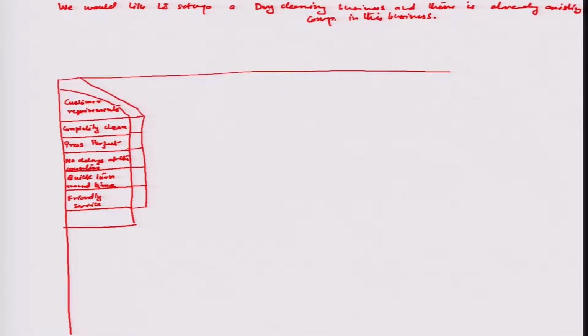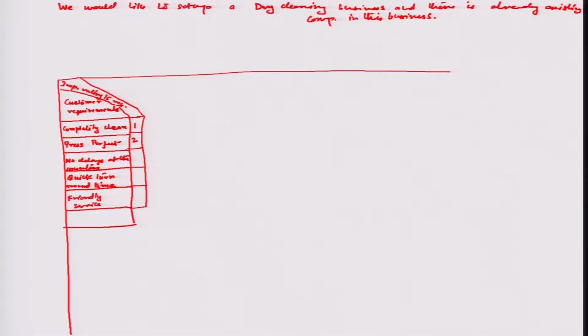For example, the definitive requirement that any customer would want from a dry cleaning shop is a completely clean set of clothes, and of course perfect press on them. So this can be number 1 and number 2 in terms of importance ratings. Let's call these importance ratings to requirements from the customer.